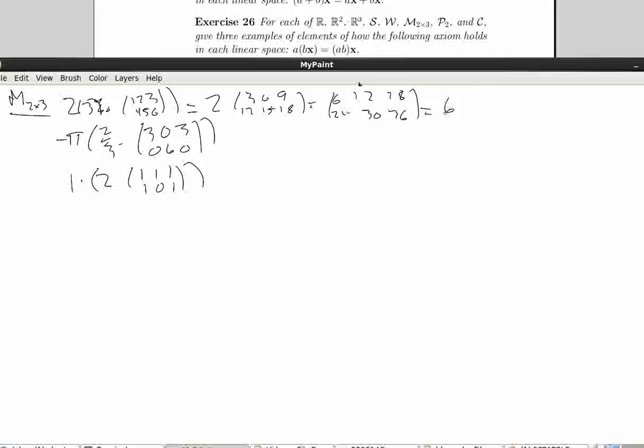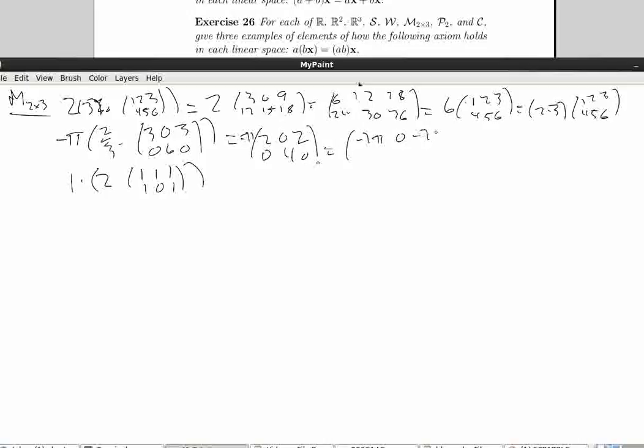Oh, but I can pull a 6 out of here. 1, 2, 3, 4, 5, 6. If I want to, I could write the 6 as a 2 times 3, and I do want to. Alright, do something similar here. -pi is on the outside. Multiply those two, I get 2, 0, 2, 0, 4, 0 equals -2pi, 0, -2pi, 0, -4pi, 0.